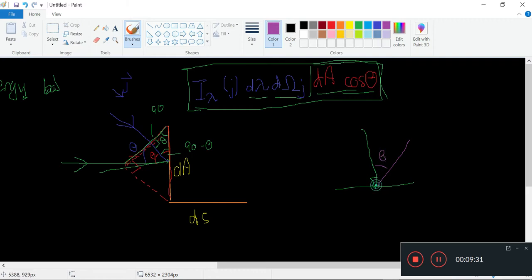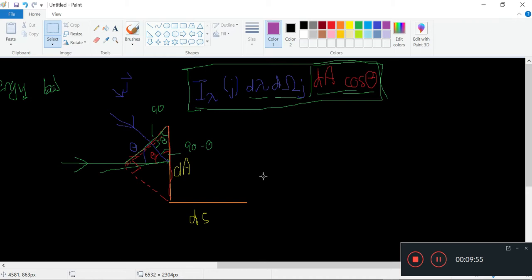But let's say this thing is kind of pointing away from you. You can also measure theta like that. So it doesn't matter if it's 2D or 3D, this relation still holds, as long as this theta is the angle between the normal and the direction of the ray coming in.